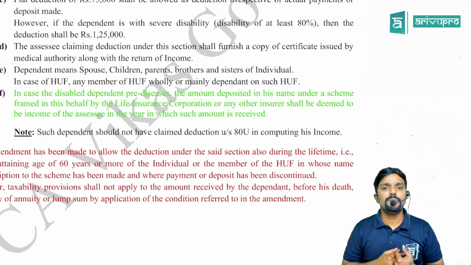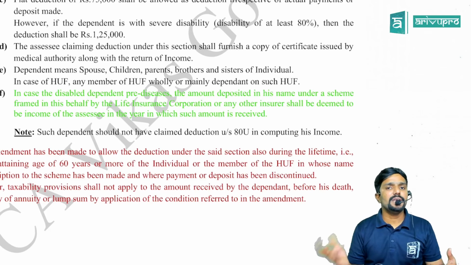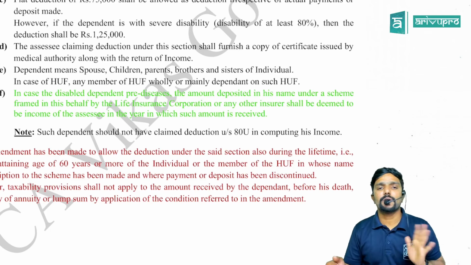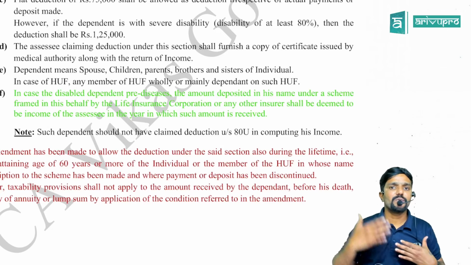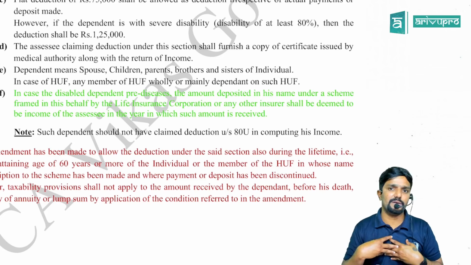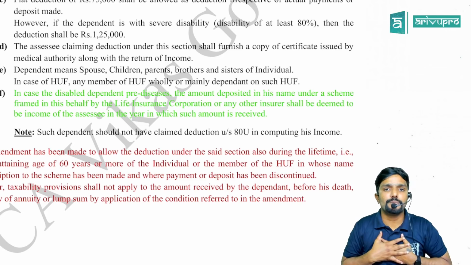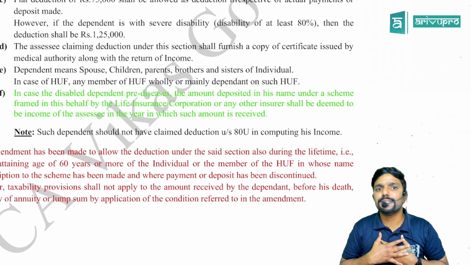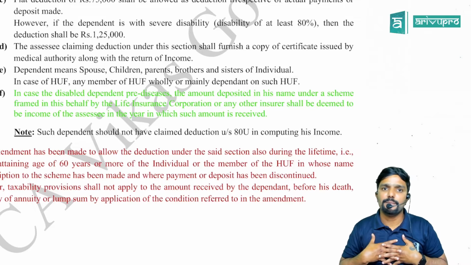Now, every year I would be claiming a deduction of either 75,000 or 1,25,000 depending upon the severity. Now, in a particular year he dies and I am receiving the compensation because preferably I would have named myself as a nominee. So once he dies, whatever insurance amount or policy amount, or sum assured, I would be receiving on the death of a dependent brother who was disabled will be fully taxable for me. I cannot enjoy any exemption under section 10(10D), guys. So it would be taxable for me.